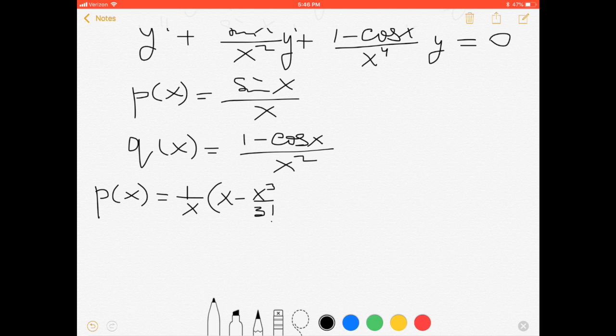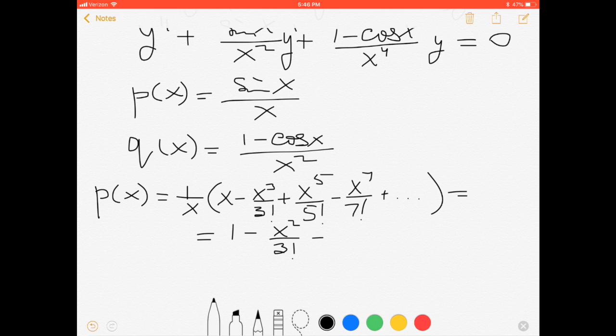We did this trick before, and you can check in a different lecture. Distribute, you have 1 minus x squared over 3 factorial plus x to the fourth over 5 factorial minus x to the 6 over 7 factorial and continue.